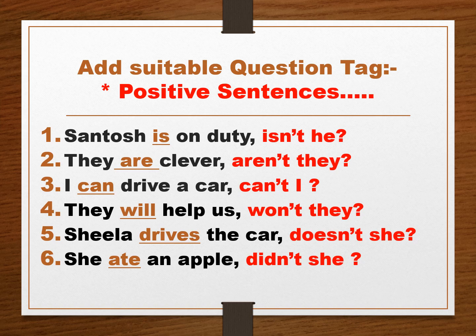But in usage, we generally use the past tense like this, ate. Now we got the dummy auxiliary in past tense, that is did, and the negative form is didn't. Again, the pronoun is the subject, so it has become didn't she.